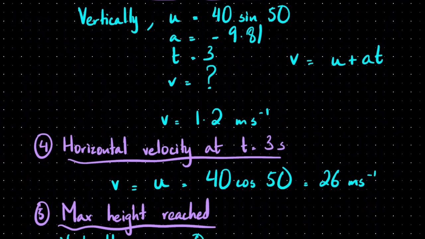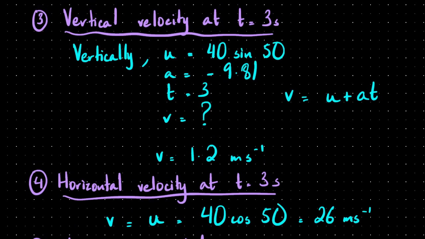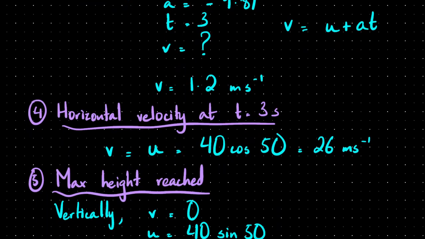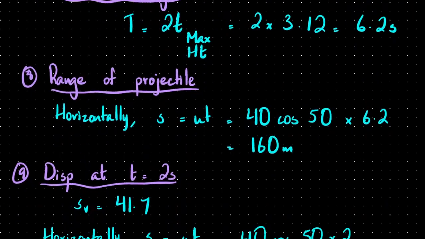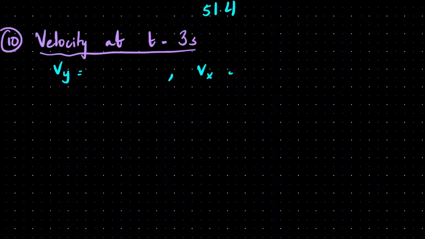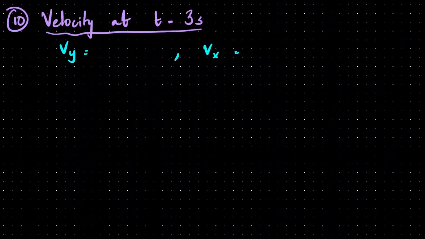So Vx was throughout the same, 40 cos 50, this was 26. And Vy at t equals 3 seconds was 1.2. So 1.2 is the vertical and 26 is the horizontal. So this is 1.2 and this is 26.